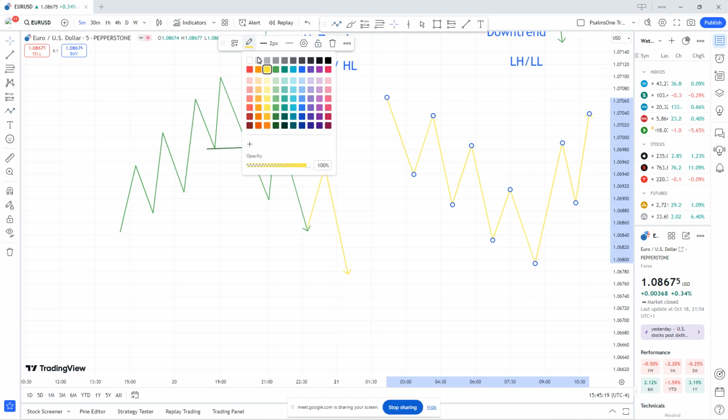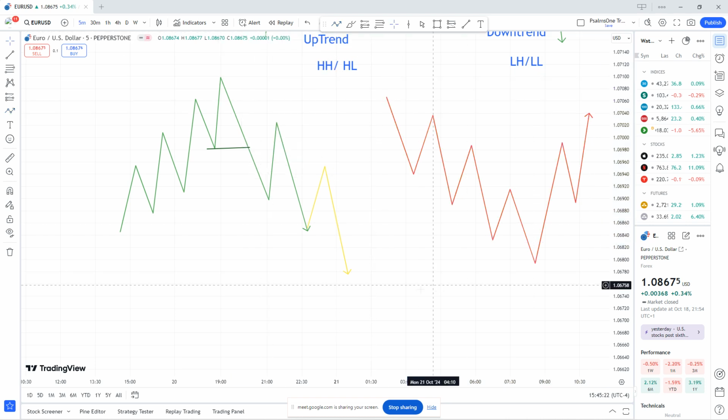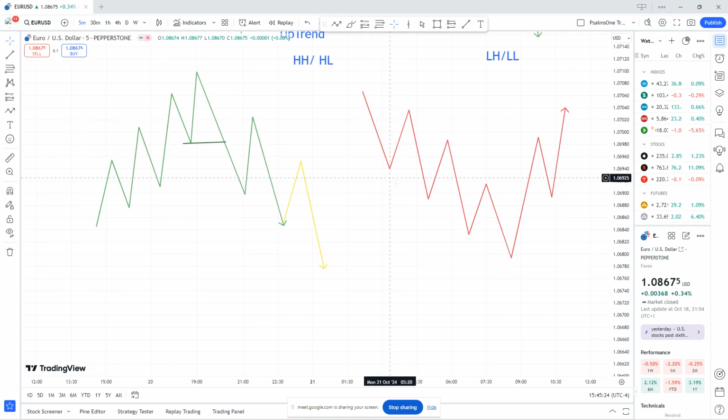Now the market is forming lower lows, lower highs, lower lows. Instead of forming a lower high and going down from here, it now went from forming a lower low to a high, because this new high is higher than the previous lower high.